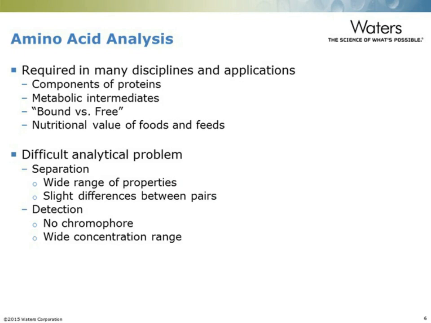We do want to draw a distinction between amino acids as components of proteins, where we often refer to the amino acids as bound intermediates, but also as metabolic intermediates, which are nutrients that are used in the synthesis of proteins and are also used in general pathways for particularly moving nitrogen and other functional groups around.